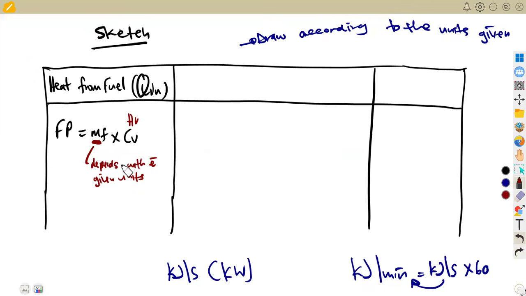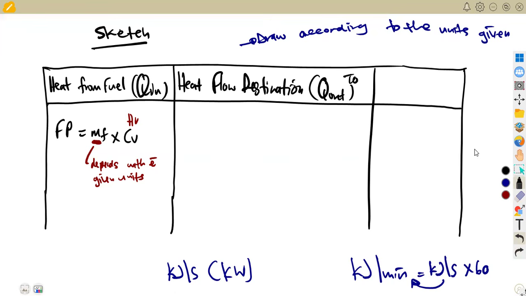Then that's the Qin. The other is the heat flow destination, that is Qout. Where is it going to?